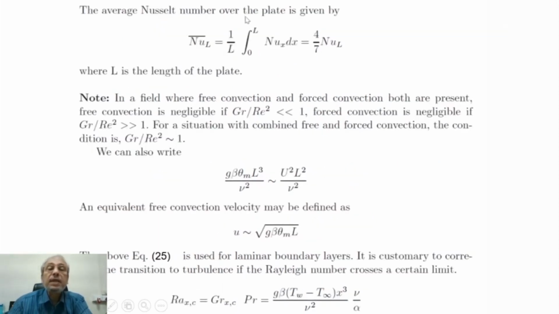The average Nusselt number over the plate is given by Nu_L bar, which is basically, if L is the plate length, the integration between 0 and L of Nu_x dx, divided by the plate length, and this gives us 4 by 7 Nu_L.